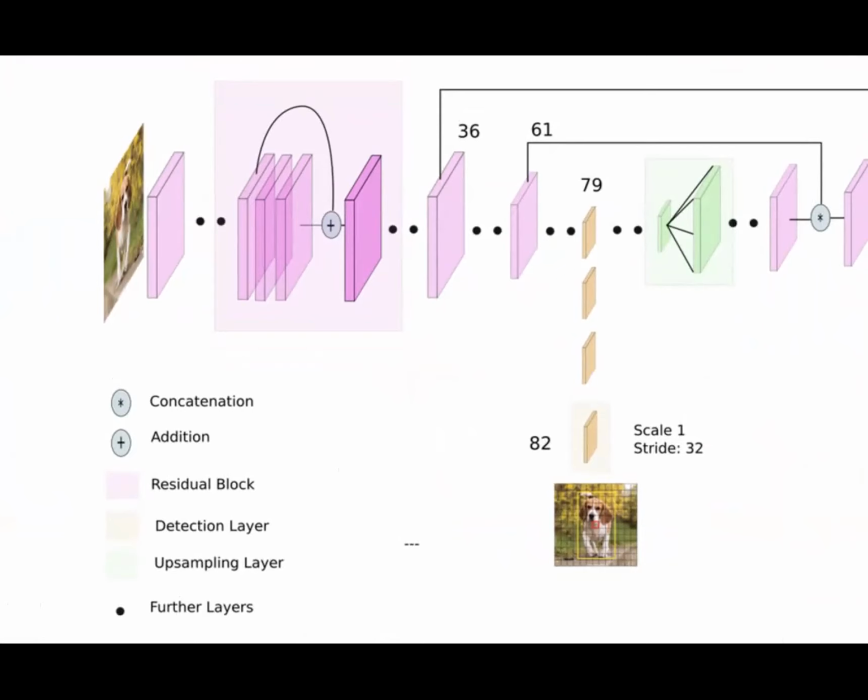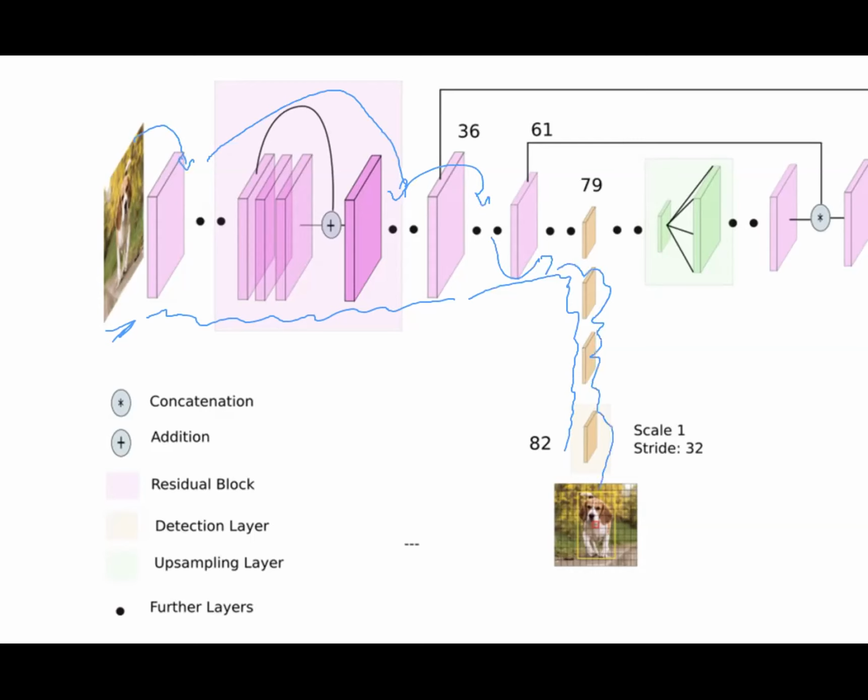So what ends up happening in the YOLO architecture is very simple, right? You take an image, pass it through a couple of CNN or convolutional layers, very basic, right? And then the image goes into a convolutional feature map that is much smaller, and smaller, until we arrive here with the stride equal to 32.